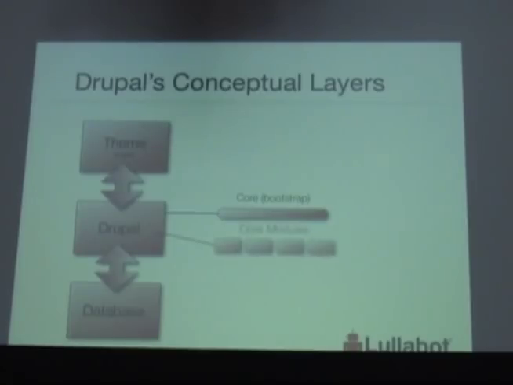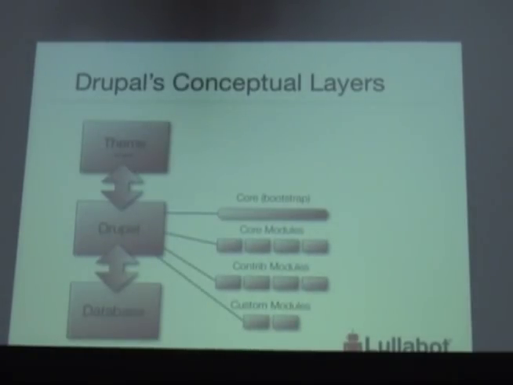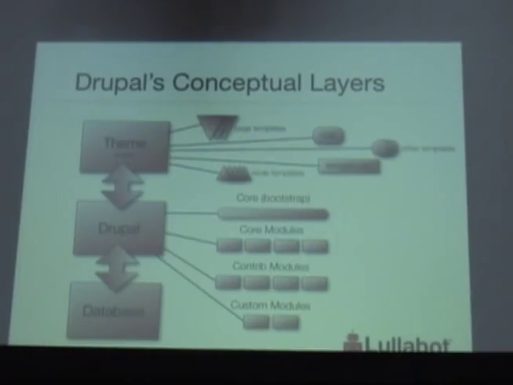You've got all the core stuff that goes in, all the bootstrap and core modules and contrib modules and custom modules. All that stuff is about the functionality of Drupal. Then Drupal's presentational stuff, the page templates, the node templates, the CSS files, the template.php, et cetera. All that stuff is what the developers have basically said, here, you figure this out.